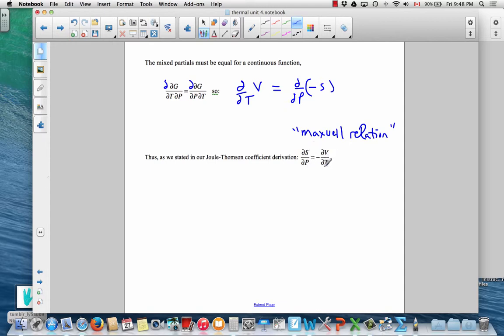And it comes from the second order mixed partials being equal to each other. And that is, believe it or not, our pre-lecture video for today. We've derived this relationship, and there are others like this as well. But we only need this one for today.